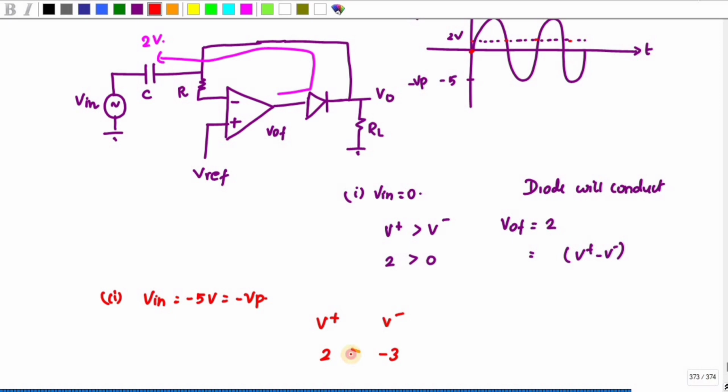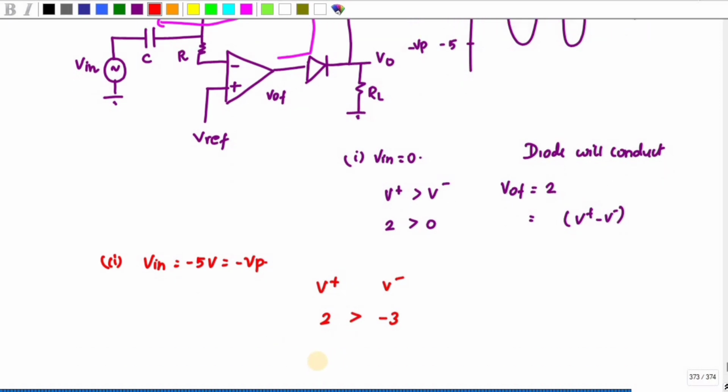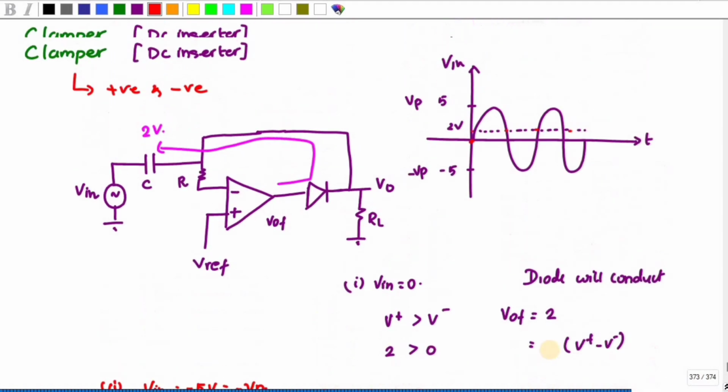Here also V plus is greater than V minus. So what is my VOF value? VOF is 2 plus 3, that is equal to 5 volt. Here also the diode will conduct and it will charge my capacitor.